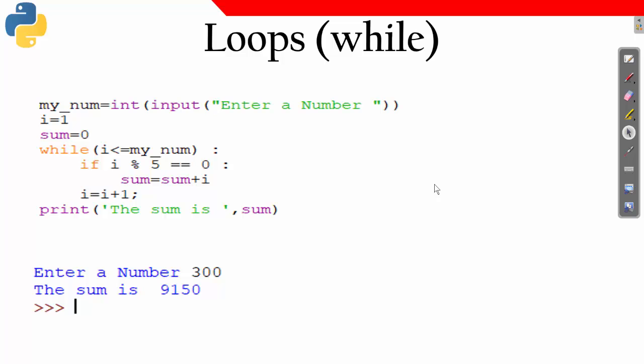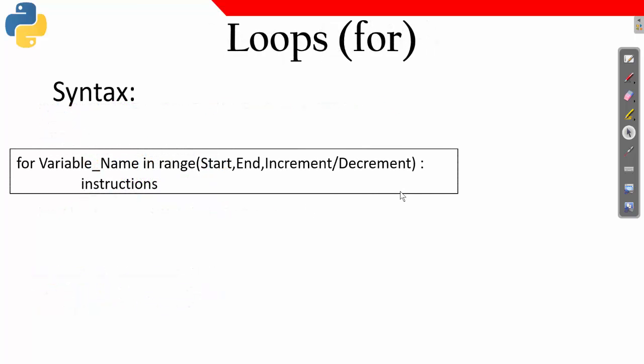Okay. Now, if the program is over, I'll do one more looping structure, that is the for loop. Now you can see the syntax here. I'll be writing the keyword for, then there is a variable name, then the keyword in, and there is a range.